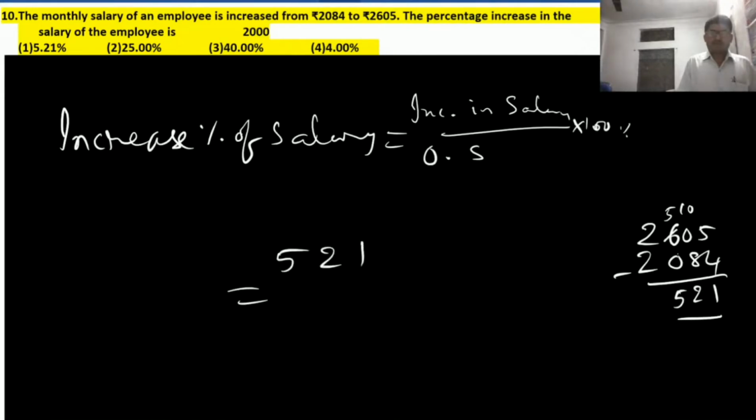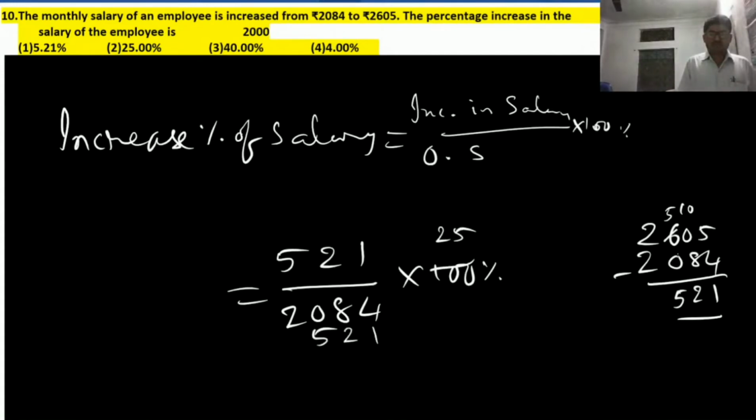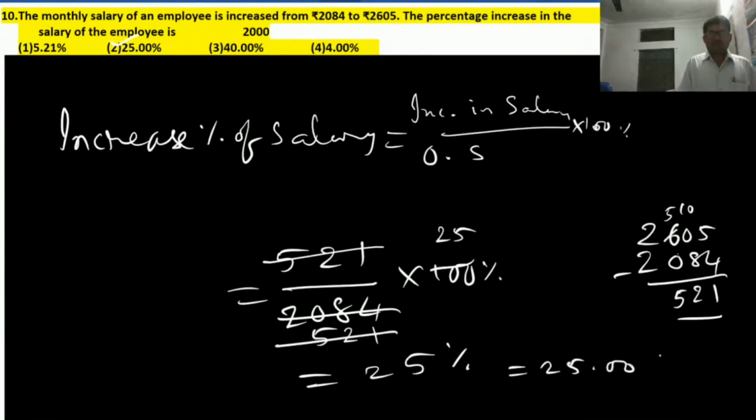So 521, increase in salary, by original salary 2084, into 100%. 521 is 25%. So option 2.